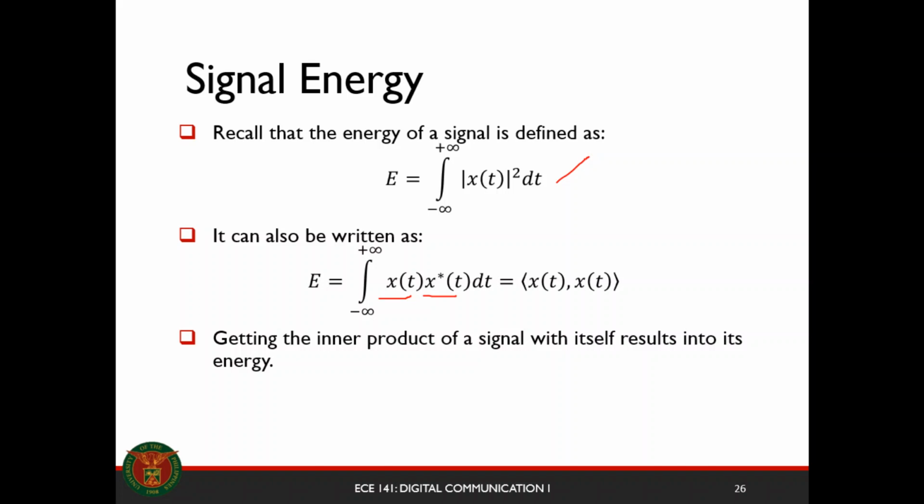If we get that, then we also get the energy. Recall that the absolute value of x of t squared can be rewritten as x times x conjugate. So this is an interesting concept actually. By getting the inner product of a signal with itself, you can actually get the energy of the signal.